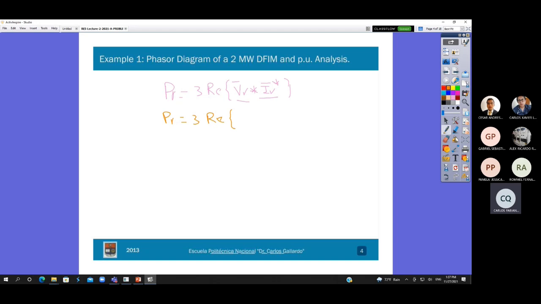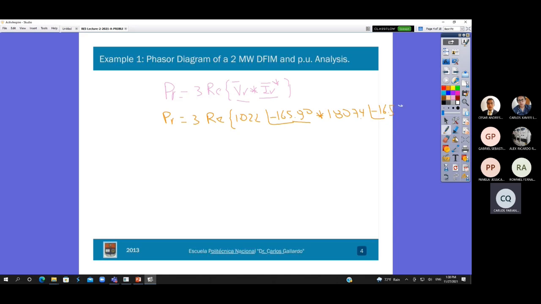I have here the rotor voltage equal to 102.2 at negative 165.9 degrees, times the rotor current, 1,807.4 at 16.5 degrees.